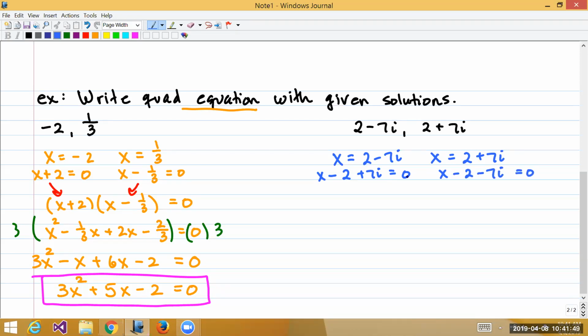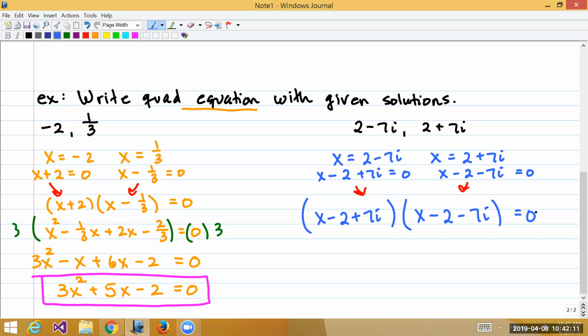We have to isolate everything to one side, 0 on the other. So now these two terms become the factors that need to be multiplied together. x minus 2 plus 7i times x minus 2 minus 7i equals 0.